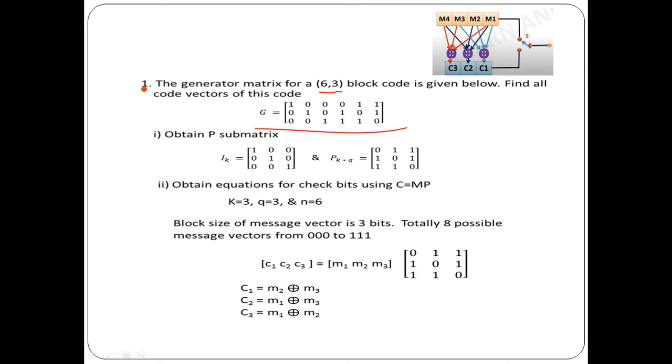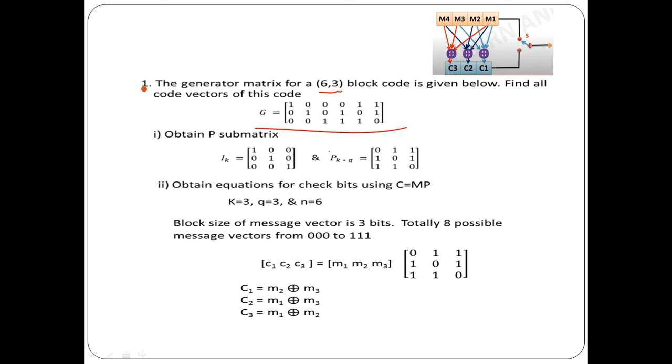They will definitely give it, or else we can assume it, or we can also get it from this generator matrix. From the notation we can easily find out. Here they have given a 6 comma 3 block code, and they have asked us to find all code vectors.